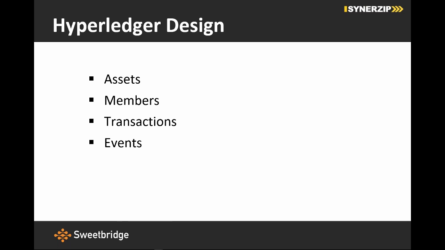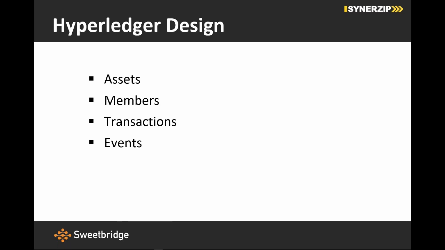So I have one application that's running across my entire network. All of my members, or all the companies that participate across that network or that value chain, are provisioned as members, and the smart contracts or the chain code is the logic that governs the interactions between the different members.